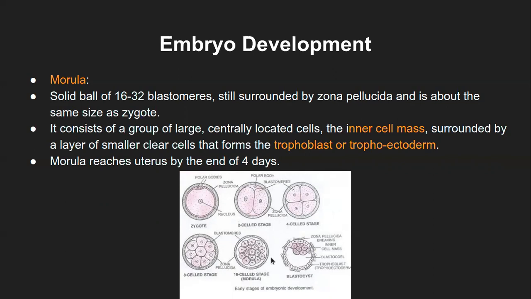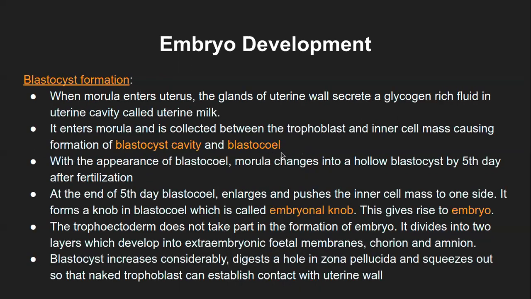Simply imagine you are allowing the entry of uterine milk inside this sphere, which contains the morula solid mass. It will press this morula mass towards one side and create this cavity. That is what the blastocele is.